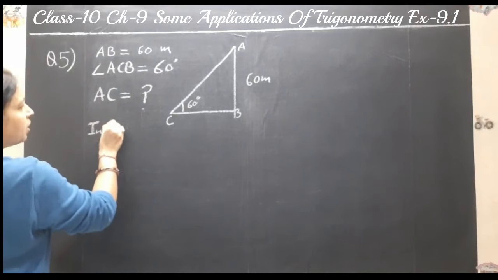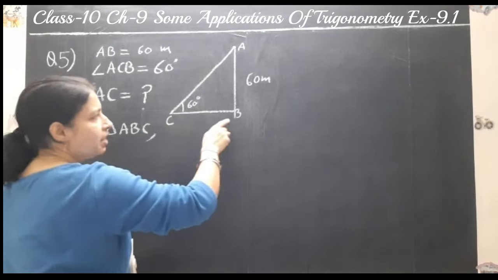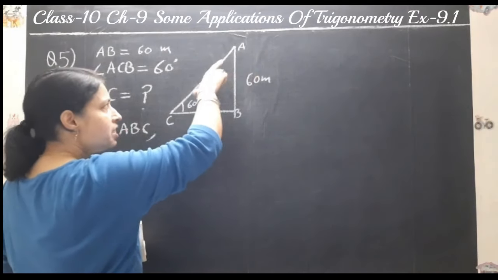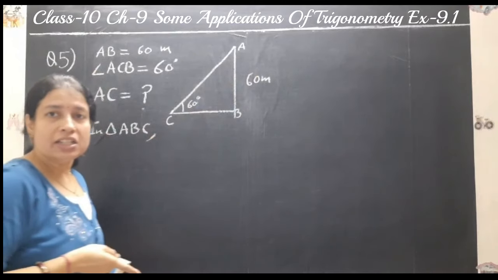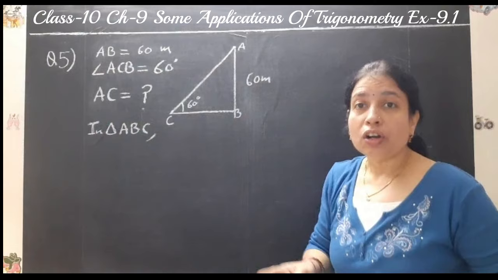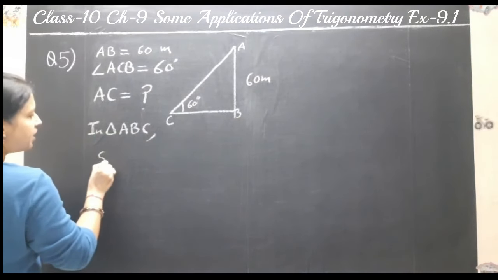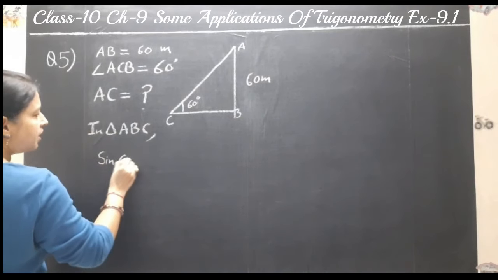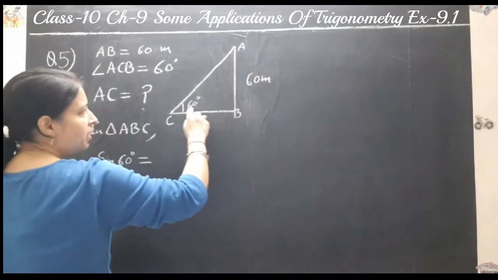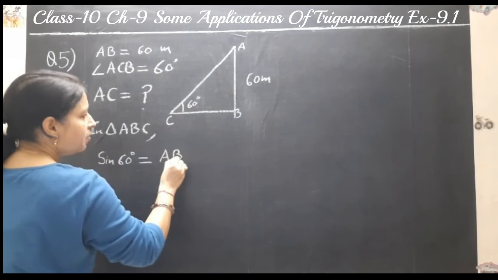So what will be AC? In triangle ABC, this one is a right angle triangle. Then what is the relation between this perpendicular distance and hypotenuse? Yes, perpendicular distance divided by hypotenuse is called sine theta. Theta is here 60 degrees. So sine 60 degree is equal to, what is the perpendicular distance for this angle? It will be AB.